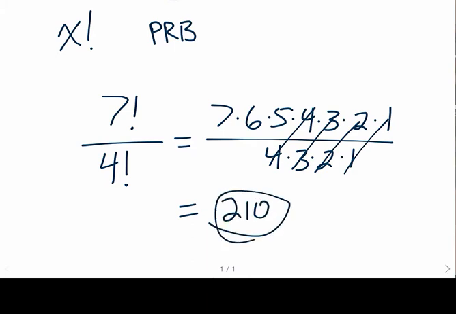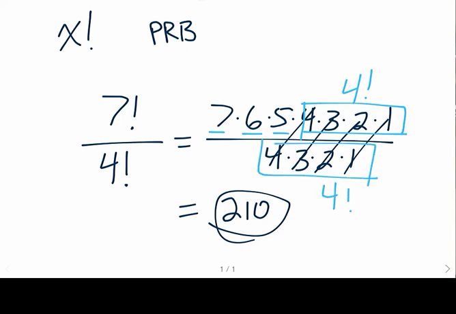Now once we get savvy with factorials, we'll realize that 7 factorial is actually 7 times 6 times 5 times 4 factorial, right? And in the denominator, we of course have 4 factorial.